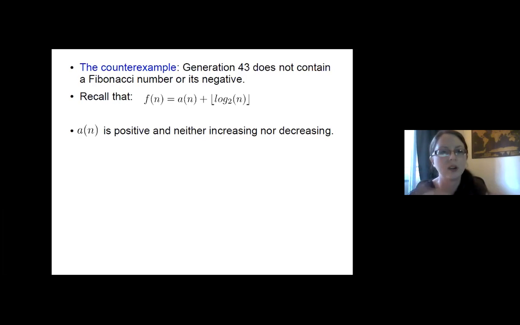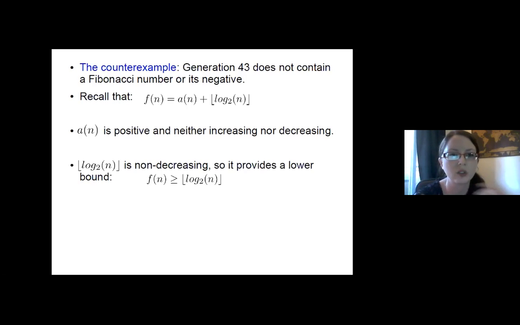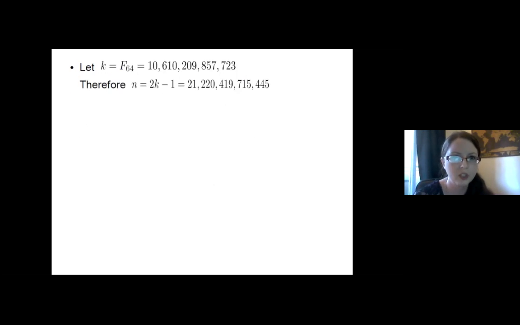It's going up and down a little bit, so it's neither increasing nor decreasing, but at least this log function is non-decreasing. So it's not a good lower bound at all, but it does provide a lower bound, and it's sufficient for our purposes. So we know that f of n is greater than or equal to the floor of this log function. So what do we do with that? Well, remember we had calculated for the first 64 Fibonacci numbers and their negatives.